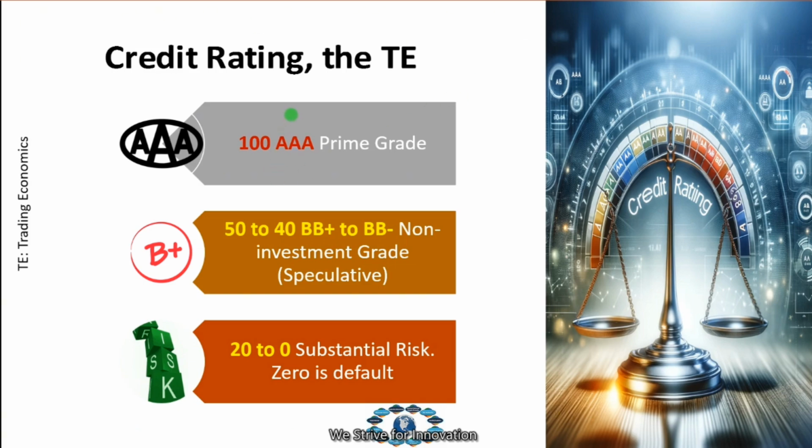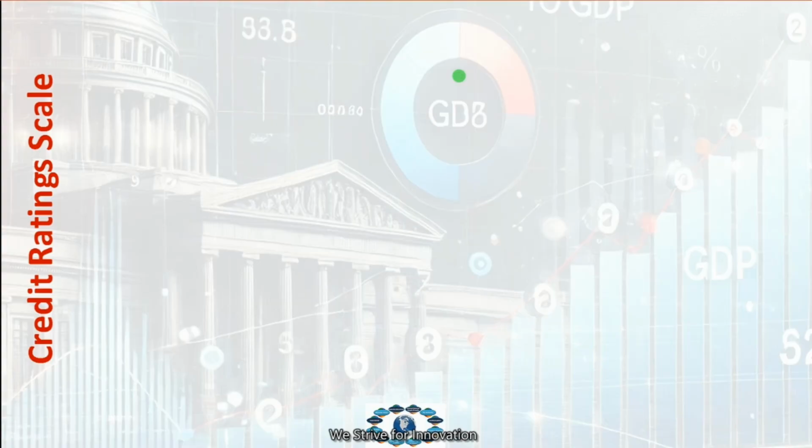So you can see the rating here: 100 AAA prime grade, between 50 and 40 non-investment grade, which is speculative, from 20 to 0 substantial risk, and 0 is considered a default on loans or obligations.